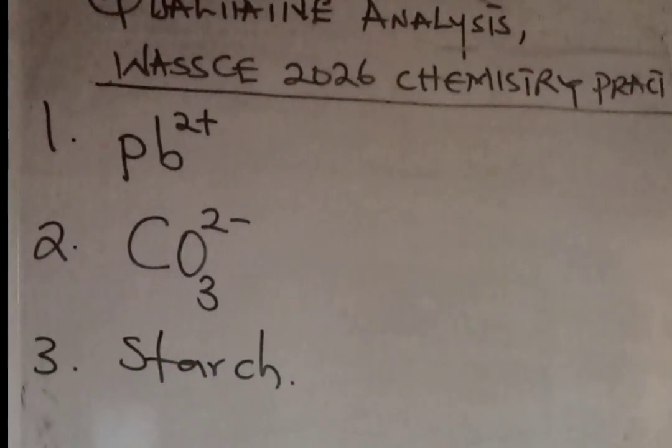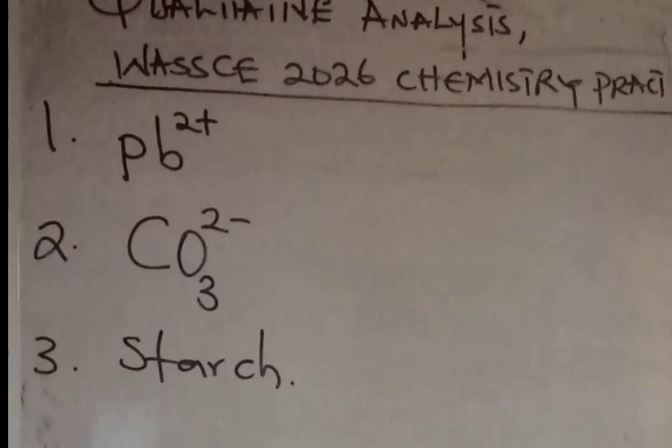So, as a teacher or a student, for you to be able to write well in these forthcoming practicals, you have to study around these 3 chemical species. Starting with lead-2 ion, you need to study all the possible reactions that can be used to test for the presence of lead-2 ion in a solution.